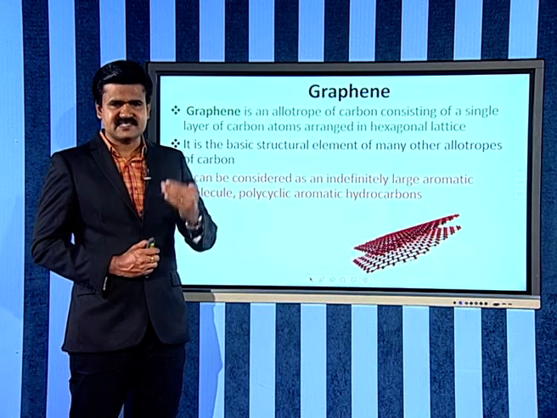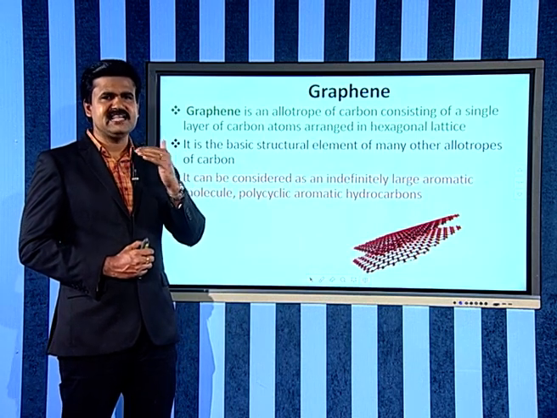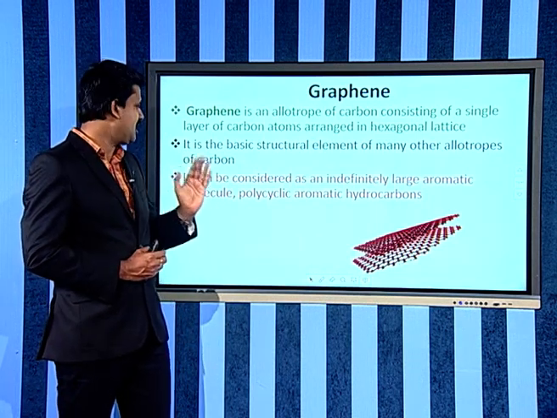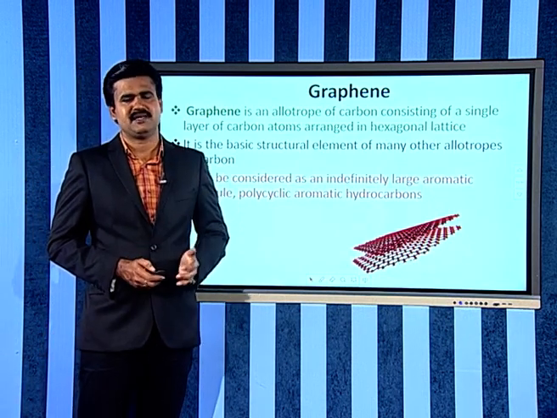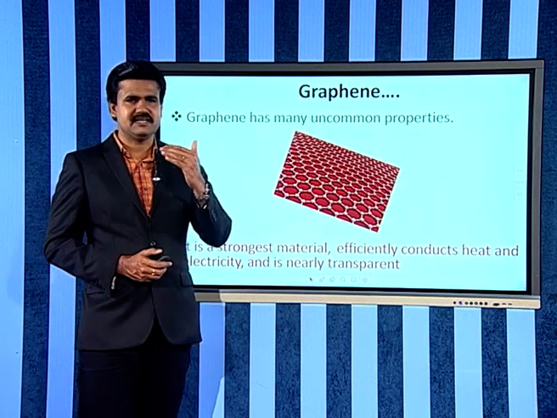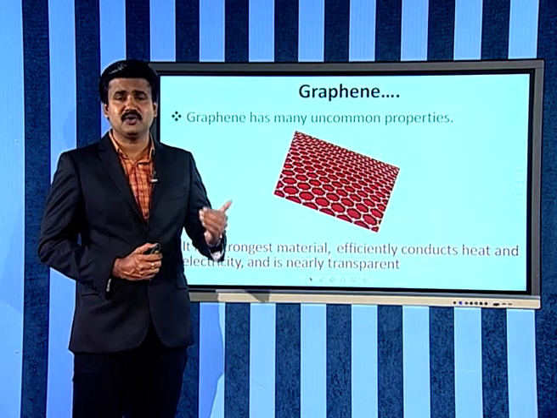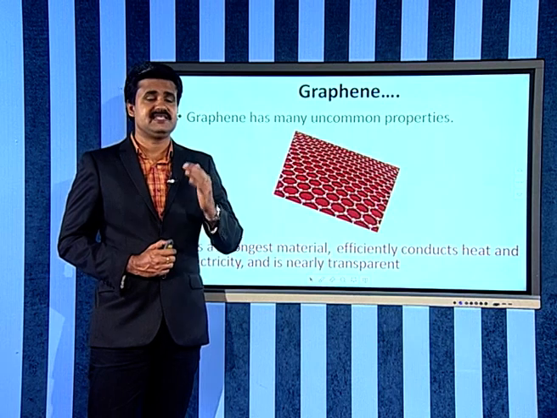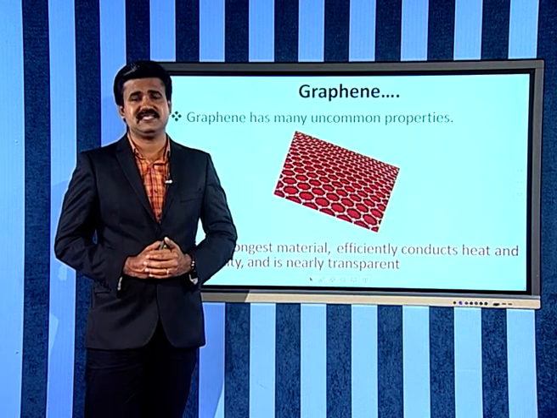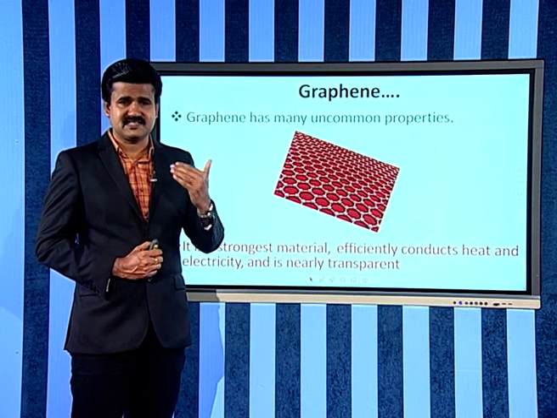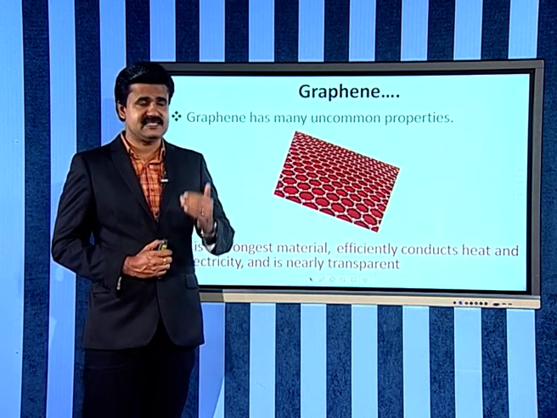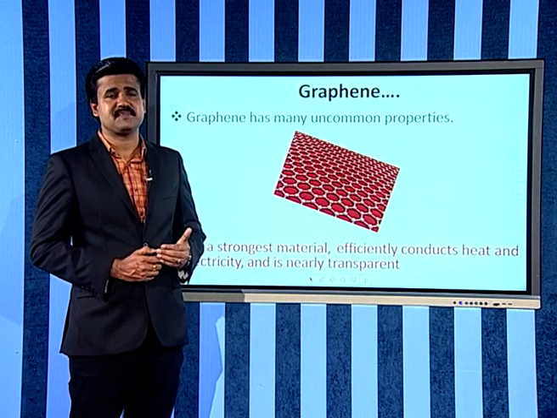It can be considered as an indefinitely large aromatic molecule, a polycyclic aromatic hydrocarbon. Graphene has many uncommon properties. It is one of the strongest materials. It can efficiently conduct heat as well as electricity, and it is nearly a transparent material.